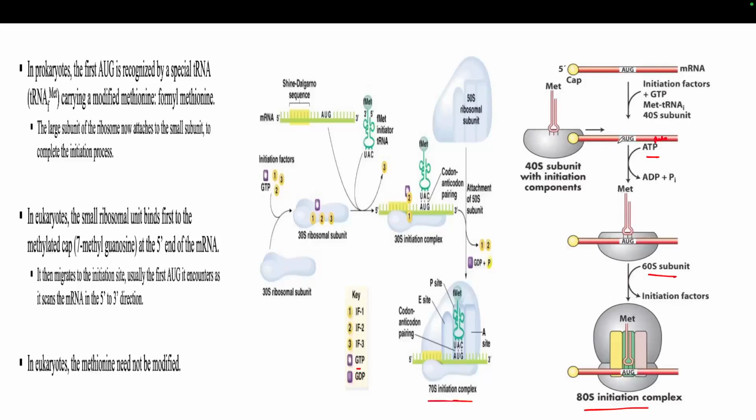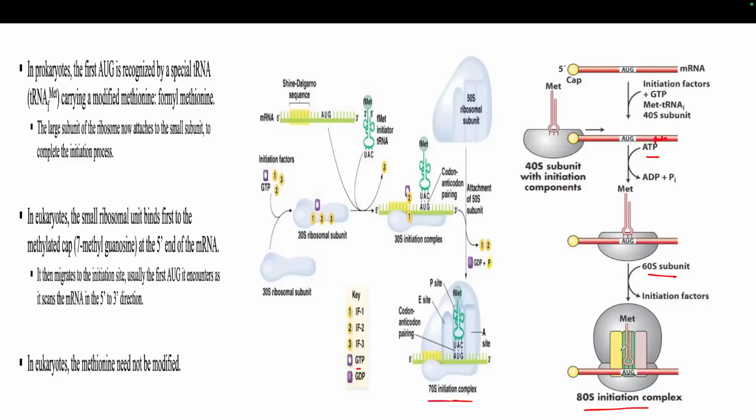After reaching there, the small subunit is joined by the large subunit, the 60S subunit, which creates the proper assembly of the ribosome, and from here the protein synthesis will start. Here the first amino acid with its tRNA will come from the P site of the ribosome.